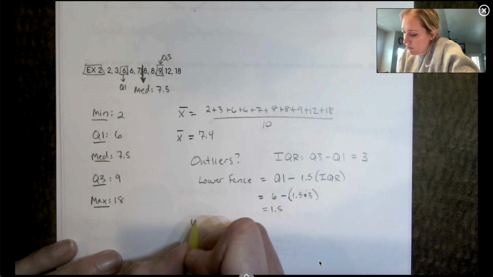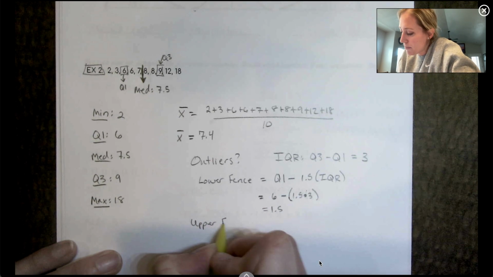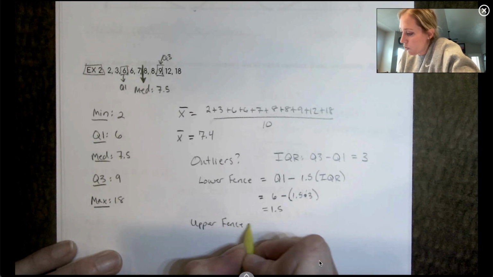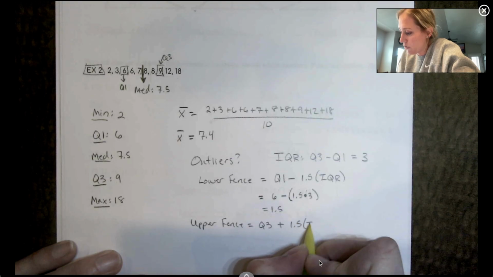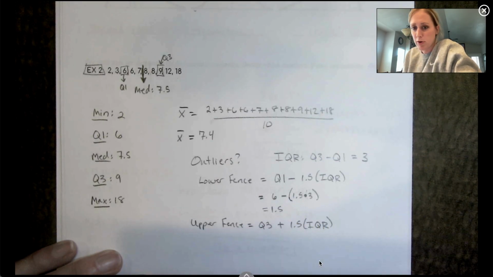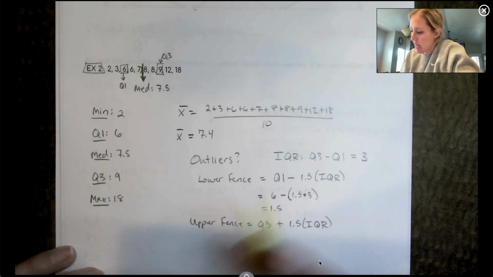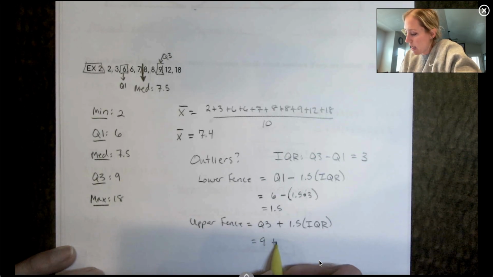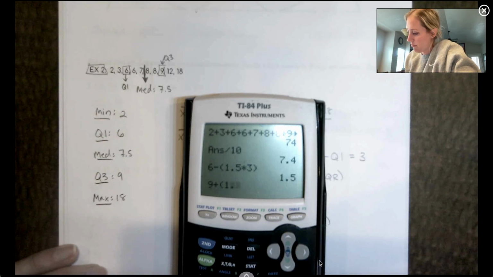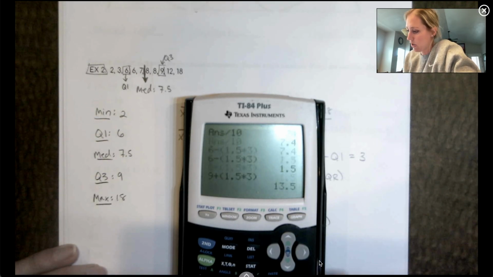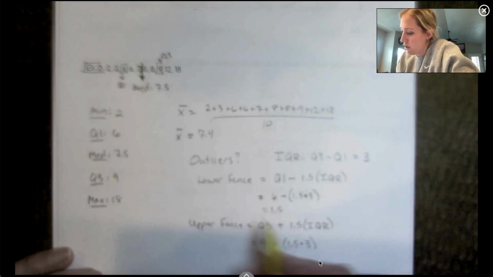So let's check the upper fence. Okay, so the upper fence is quartile 3 plus 1.5 times the IQR. So again, plugging in the numbers we have already for that. Q3 is 9 plus 1.5 times, again, the IQR is 3. So we're going to do 9 plus 1.5 times 3 to get our upper fence. So 13.5.